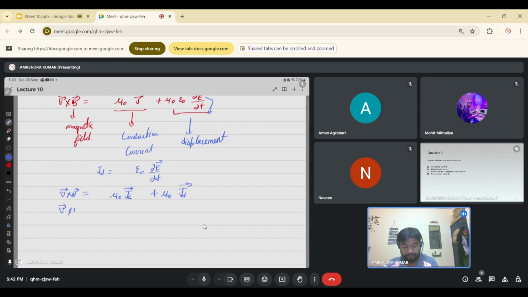So del cross B is equal to mu 0 times JC plus JD.